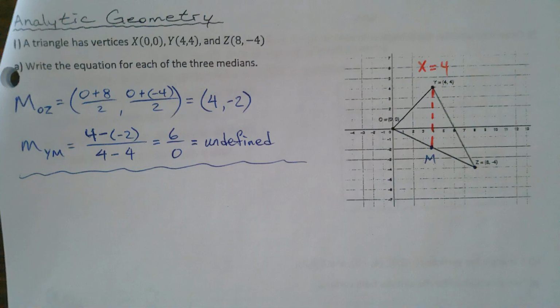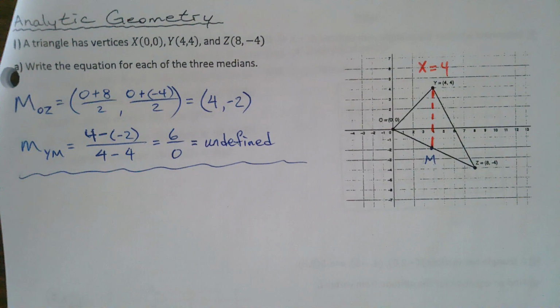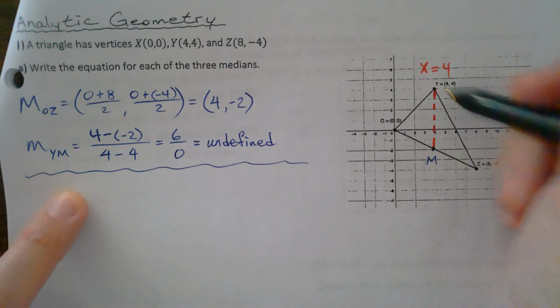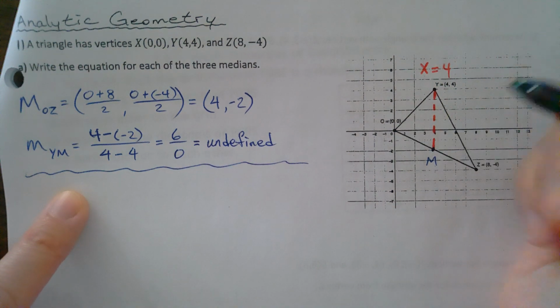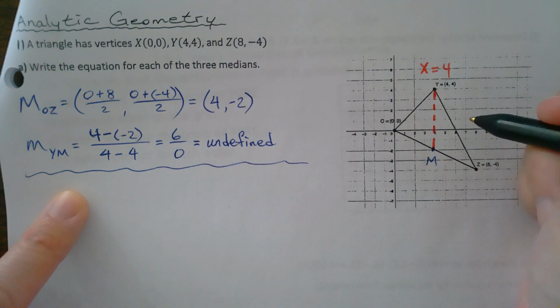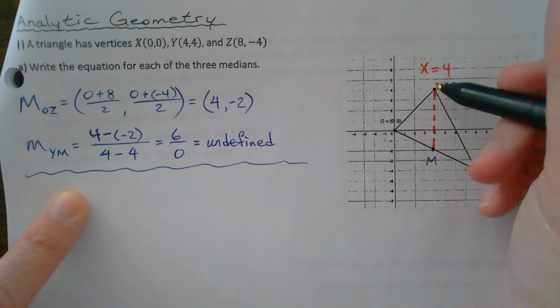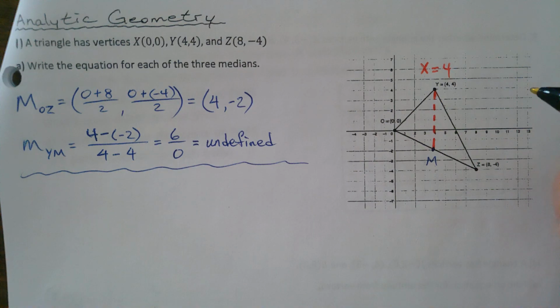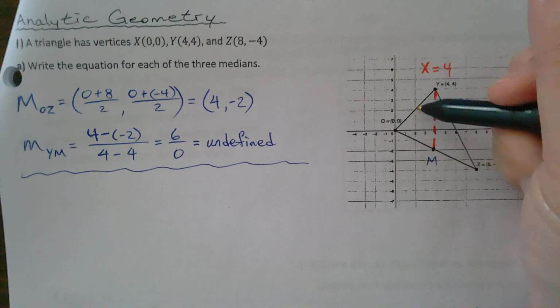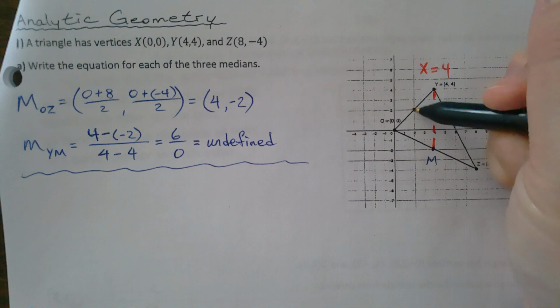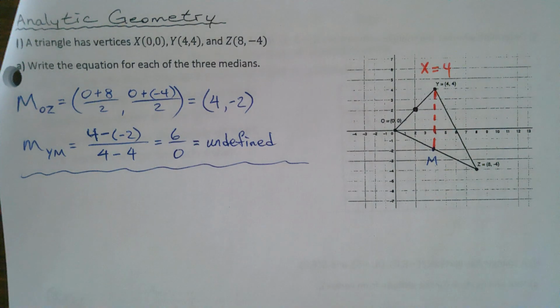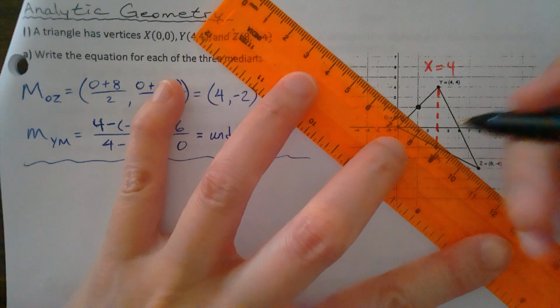So then for the second one, I'll just do one more. Let's do this one. My second median would be a line something like this.